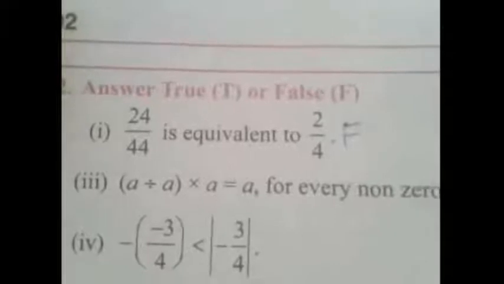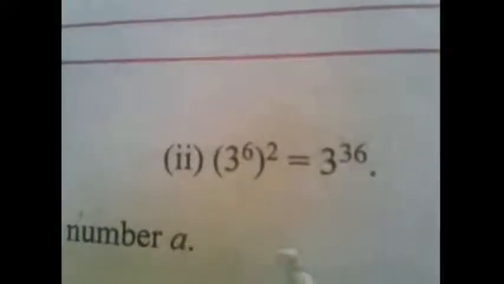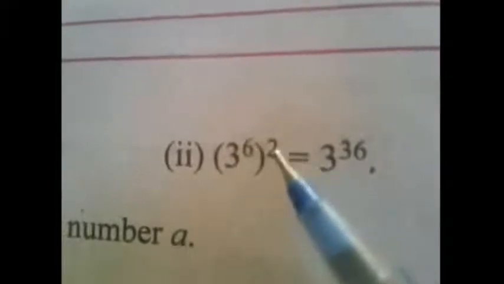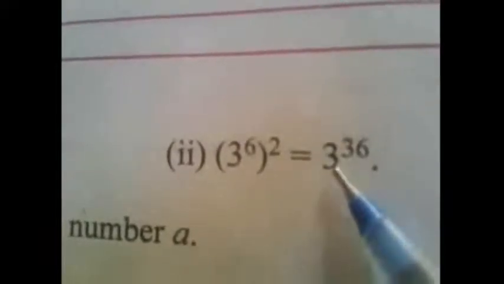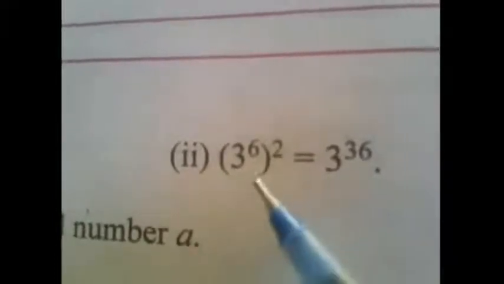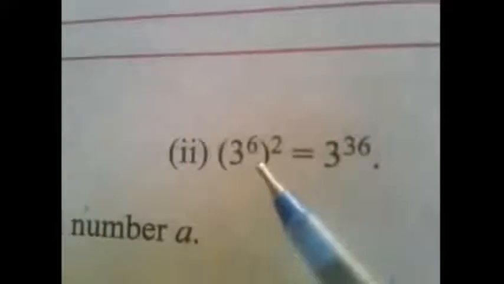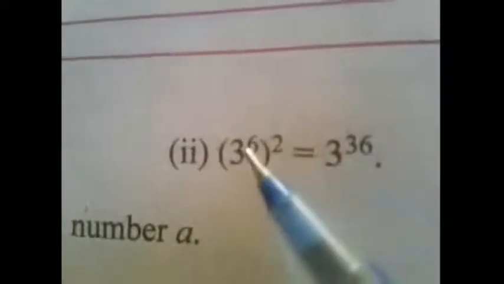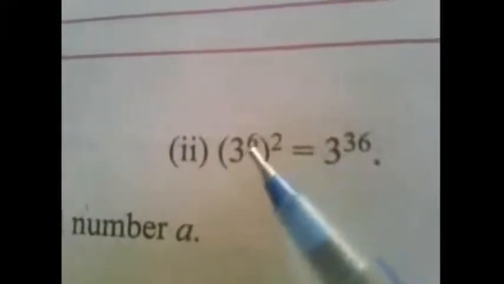Second question is 3 raised to the power 6 and its raised to the power 2 is equal to 3 raised to the power 36. In case of an expression written as power of power, the powers will be multiplied with each other.